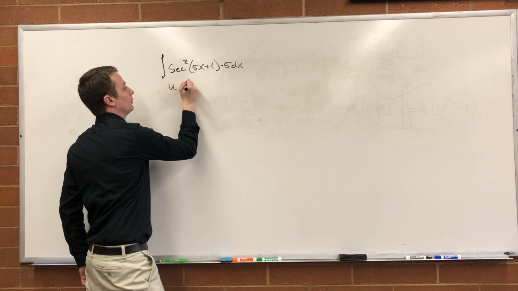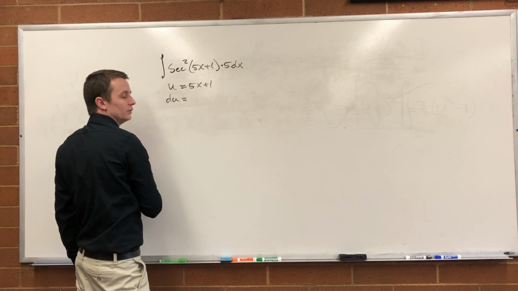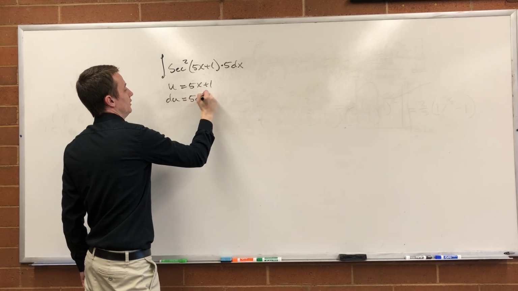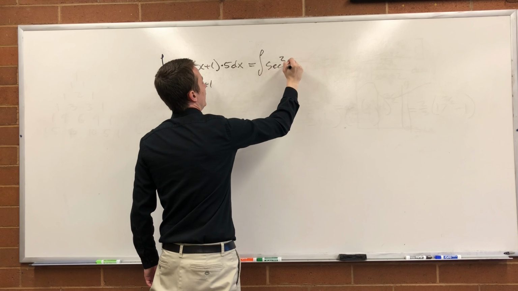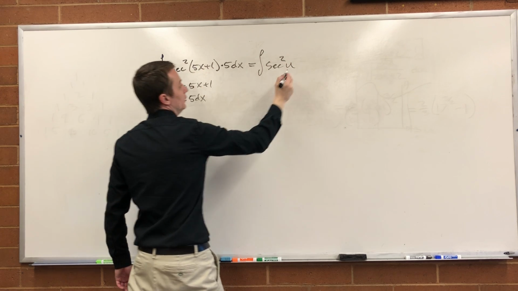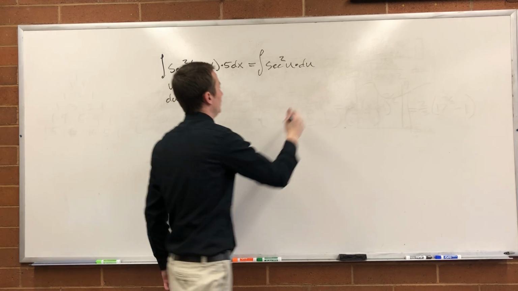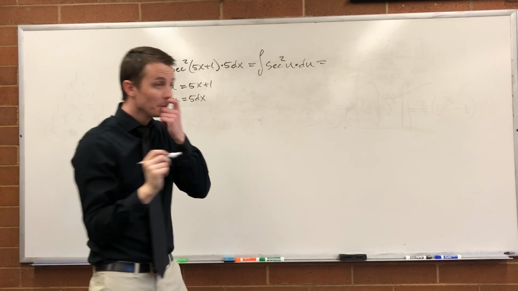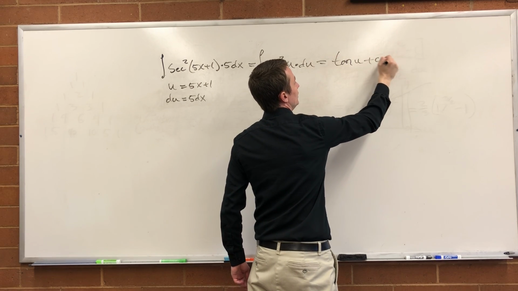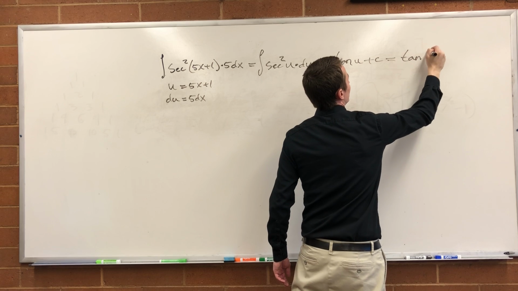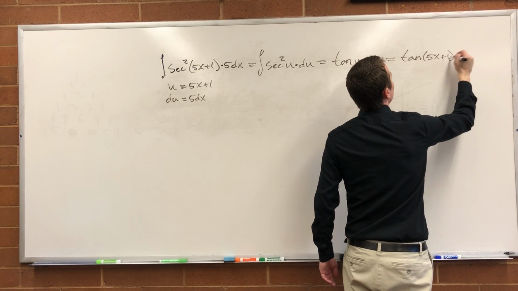If u equals 5x plus 1, then du is equal to 5 dx. So this is now the integral of secant squared of u du, which is equal to tangent of u plus c, which is tangent of 5x plus 1 plus c.